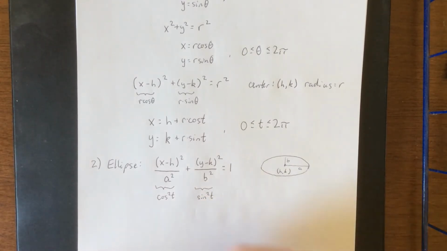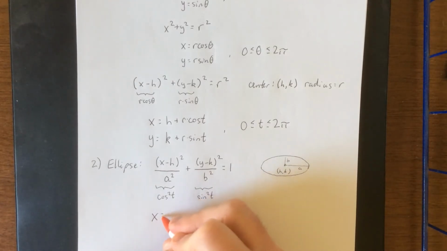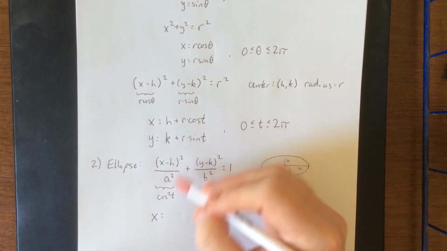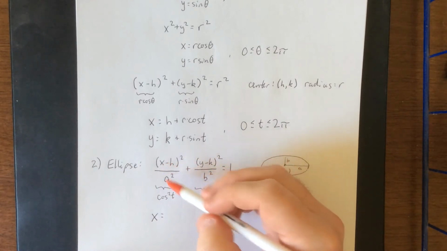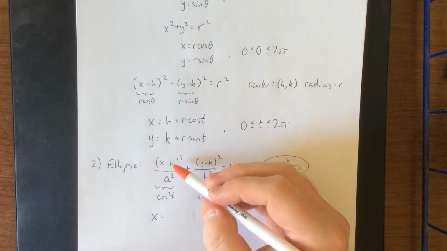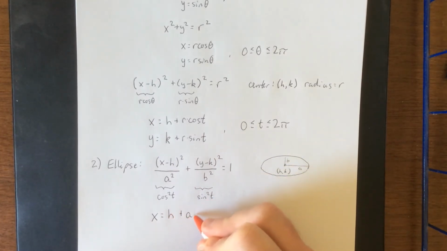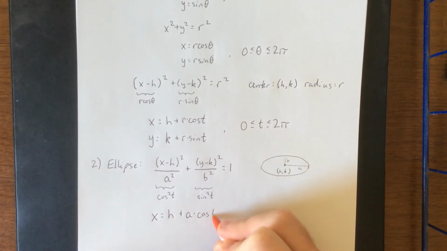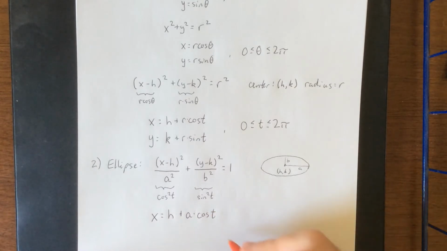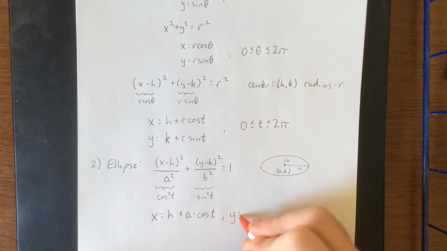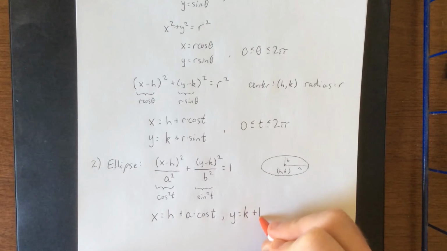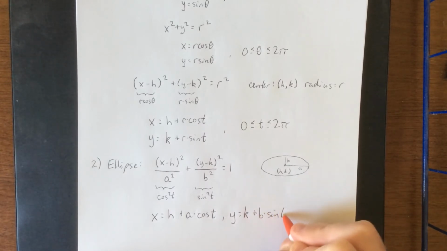With that in mind, if we actually set this equal and then solve for x, we'd have to multiply by a squared, take a square root, and then add h. This would be h plus a times the cosine of t. And then do the same thing for y. y would be equal to k plus b times the sine of t.